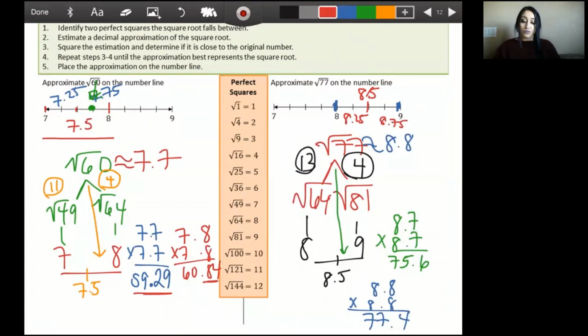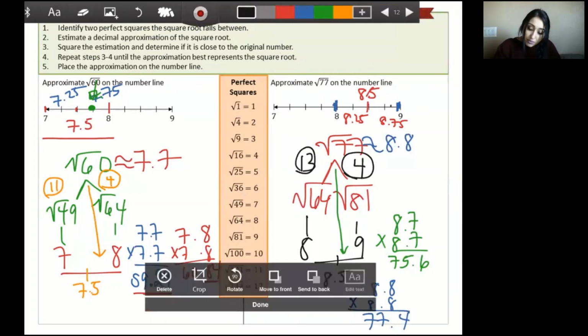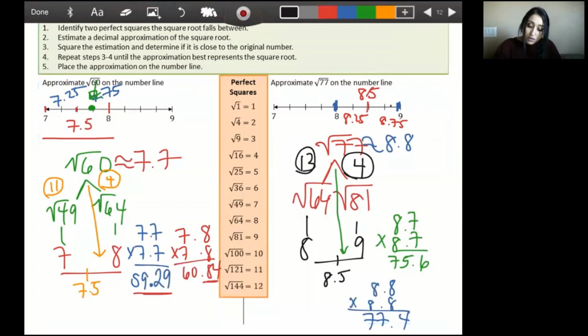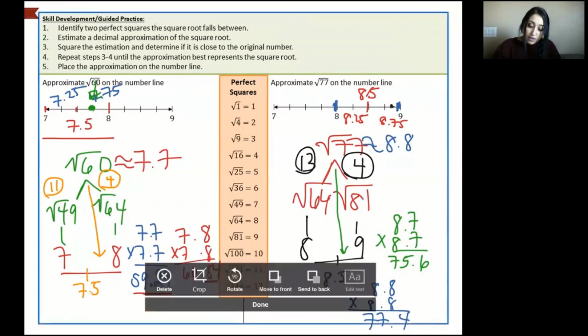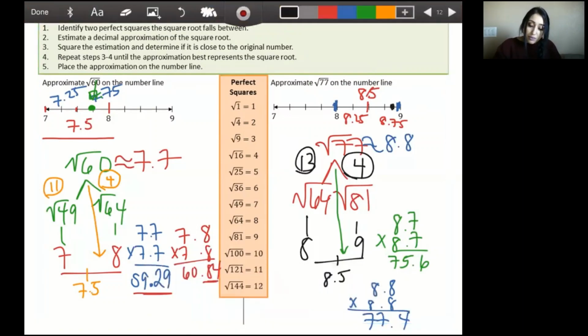So next, I'm going to place the square root of 77, which is about 8.8. It's going to be somewhere in between here, guys, between 8.75 and 9. I'm going to put it right in the middle of that section. And I'm going to label it as the square root of 77 is about 8.8. And I graphed it on the number line.